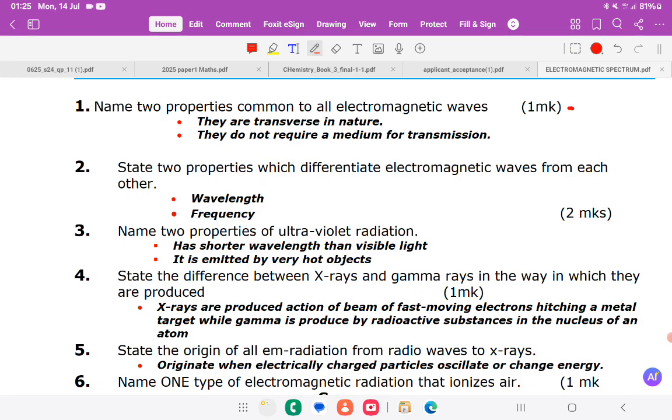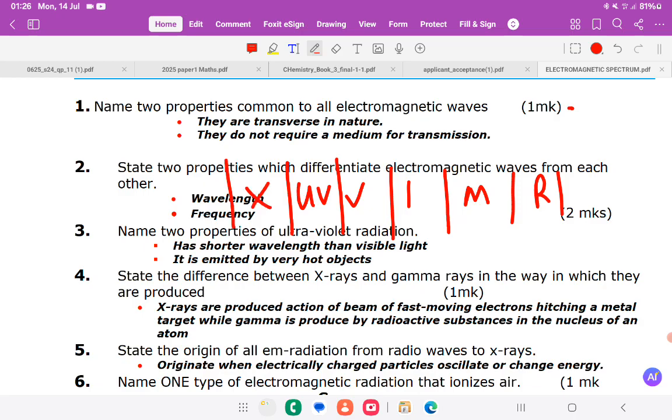We are saying that the farthest is radio waves, and then we have microwaves, and then infrared, and then visible light, followed by UV, and then X-rays, and finally gamma. So there are supposed to be 7.